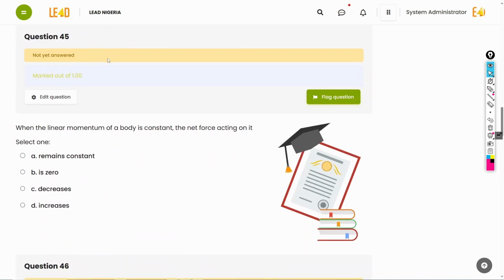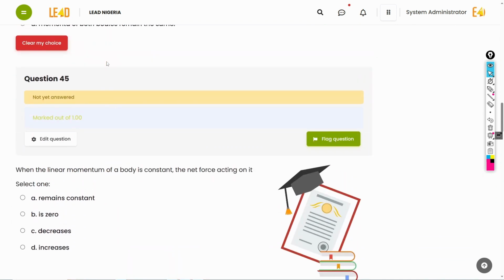Question 45. When the linear momentum of a body is constant, the net force acting on it is 0. All right, because if you think about it, F is equal to ma. That means that if F exists, maybe F is 5 or 10 or whatever, then you have an acceleration. If you have an acceleration, your velocity changes.